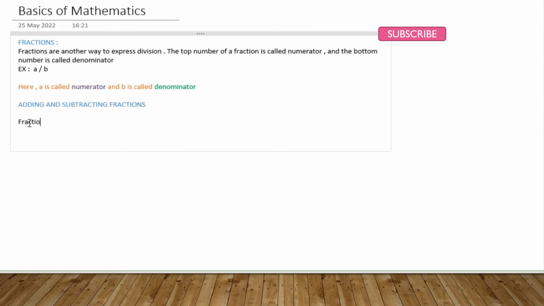Fractions must have the same denominator before they can be added or subtracted.